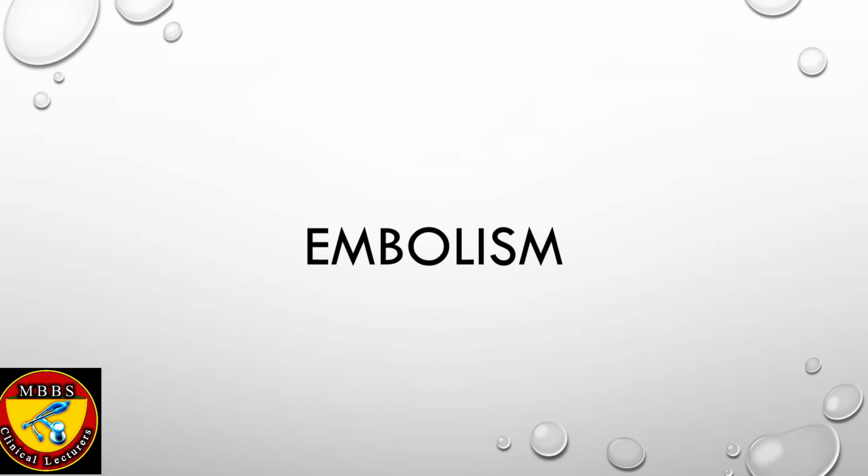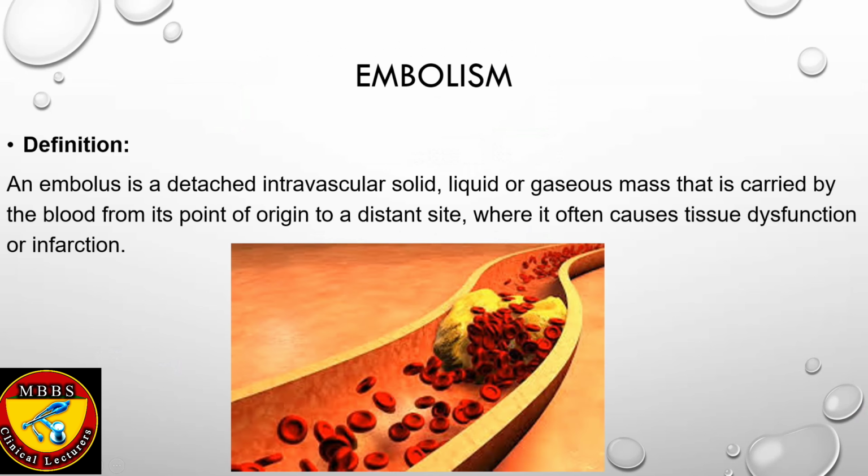Now we move towards another topic of our lecture, that is embolism. So what is an embolus? Embolus is a detached intravascular solid, liquid or gaseous mass that is carried by the blood from its point of origin to a distant site.